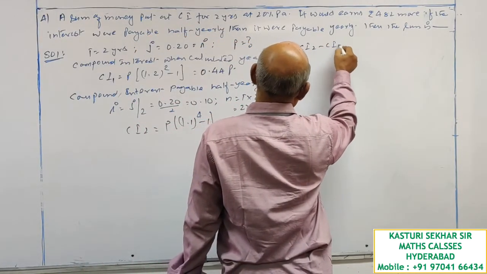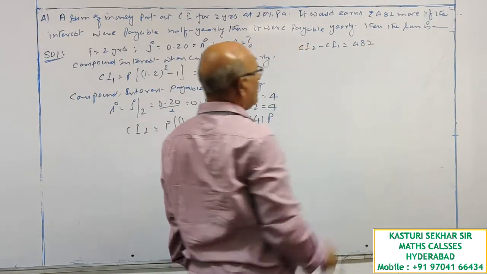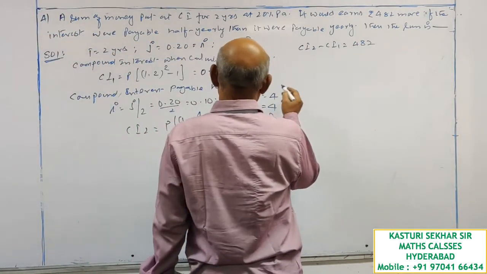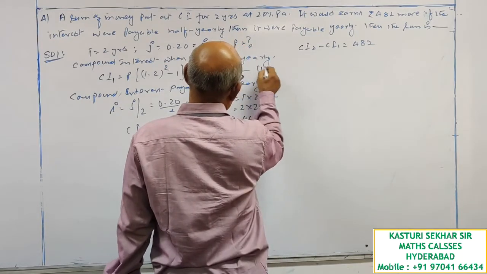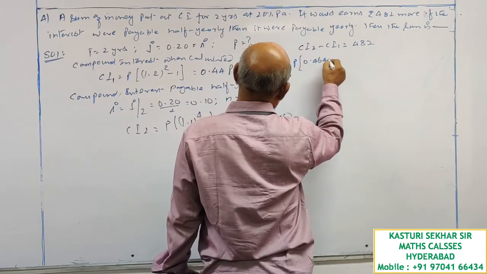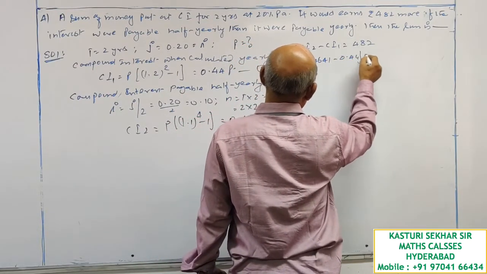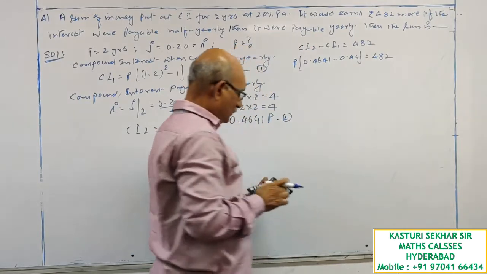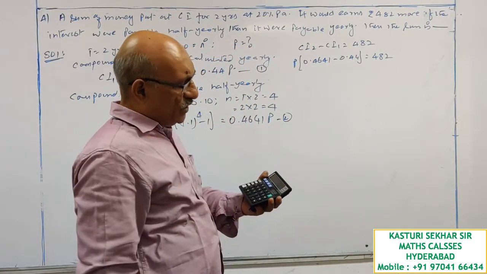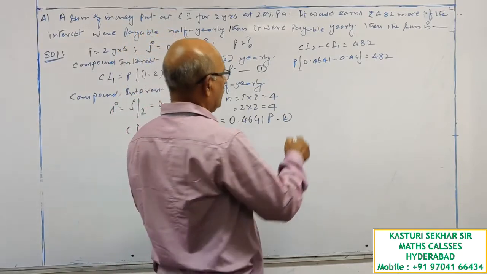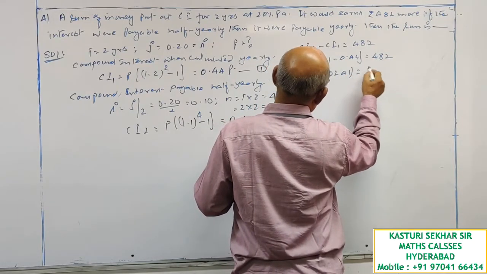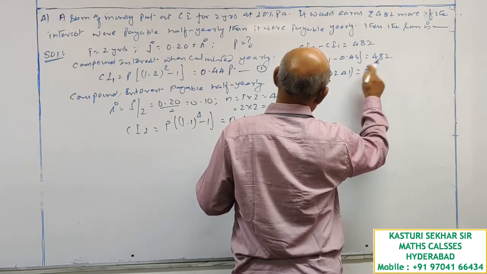CI2 minus CI1 is equal to 482, given in the question. If I take P as common, 0.4641 minus 0.44 is 0.0241. So 0.0241 P is equal to rupees 482.